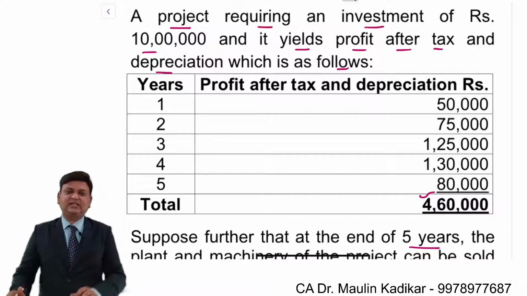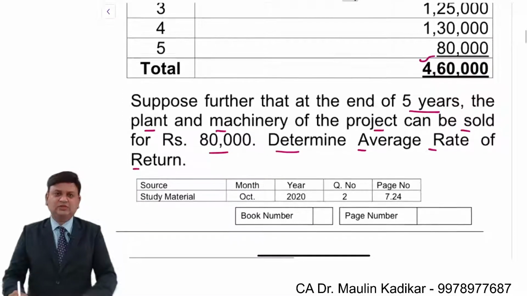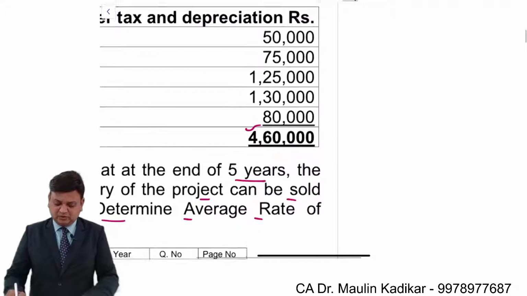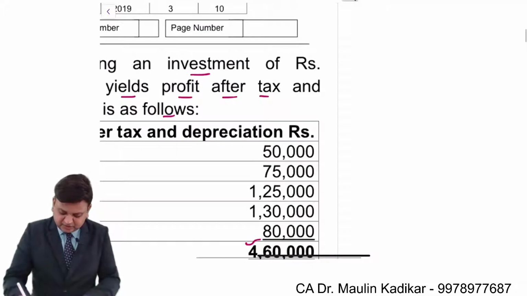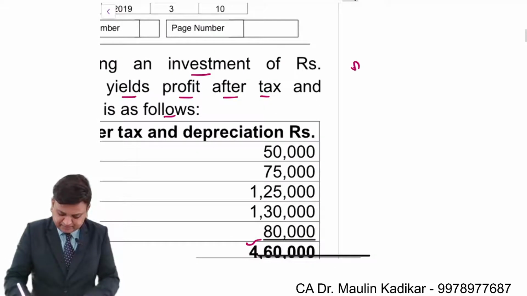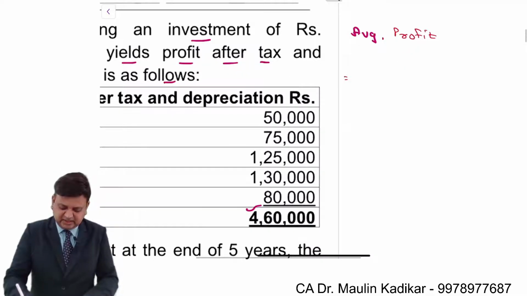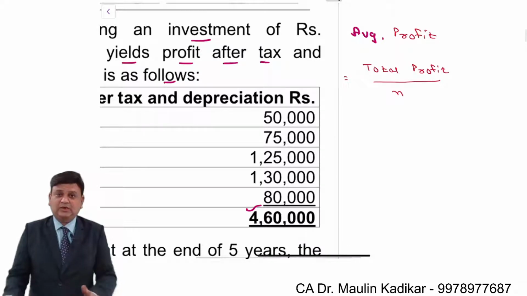Let us understand how to make the calculation of ARR. Dear students, for the purpose of ARR calculation, the very first thing you are required to do is calculate the average profit. Average profit can be calculated very easily. It is the total profit divided by the number of years, that is N. What is the total profit?